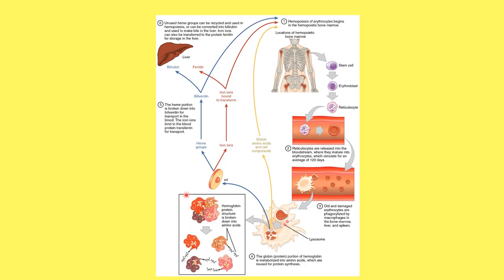When the cell breaks down, the hemoglobin is released. Here you've got your bilirubin and the biliverdin. The iron often is stored in the liver as well. It will reuse what it can, and get rid of anything it can't use. So this just cycles over and over.